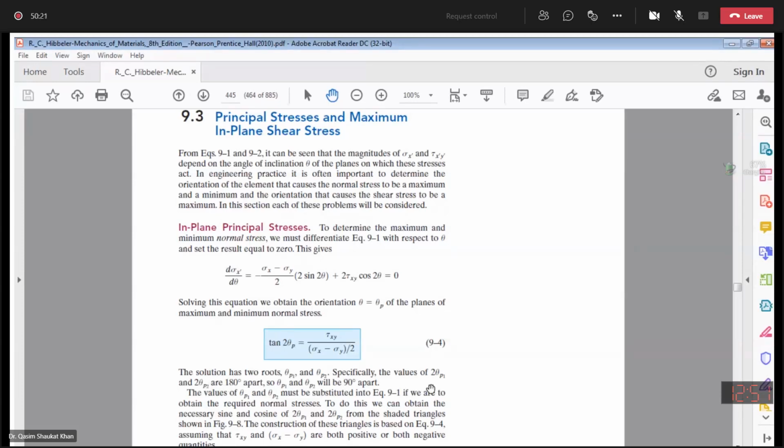So theta p1 and theta p2 will be 90 degrees apart. If you recall, let me show you one figure.